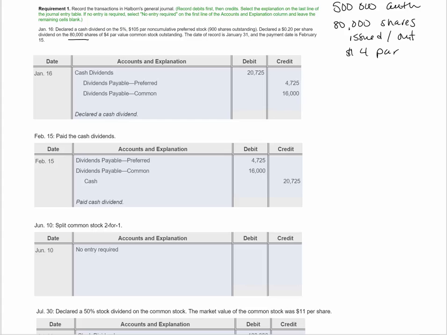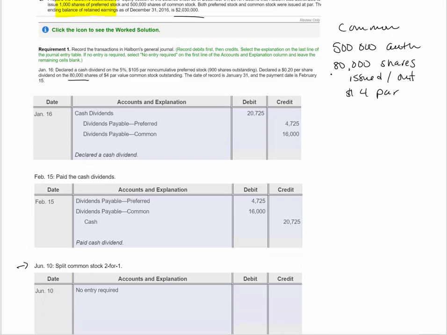On June 10th, we did a stock split. Remember what that does. It doesn't affect the authorized, but this is a 2-for-1, so the number of shares will be times 2 and the par will be divided by 2. For the common stock, we still have 500,000 shares authorized. That actually can't change, so we don't even need to keep writing that.